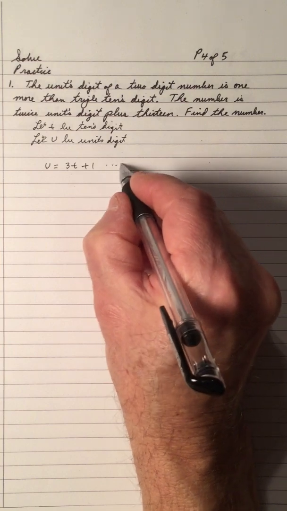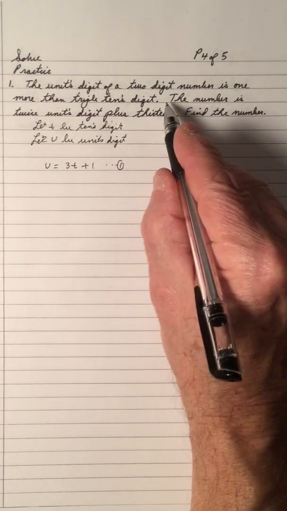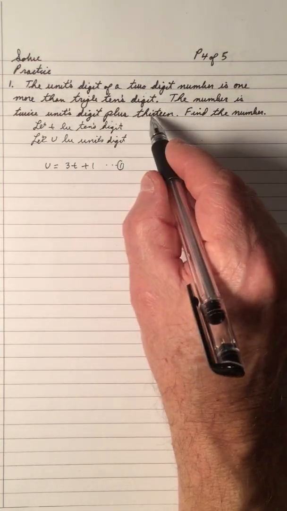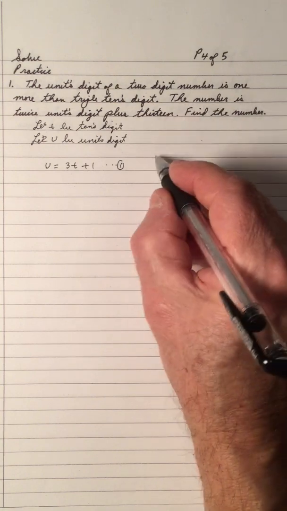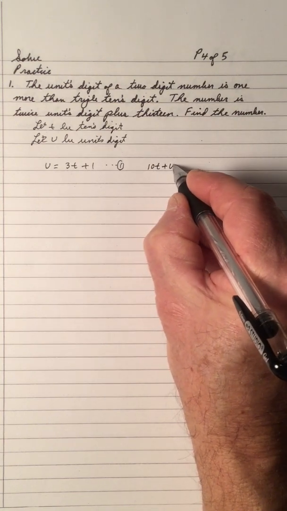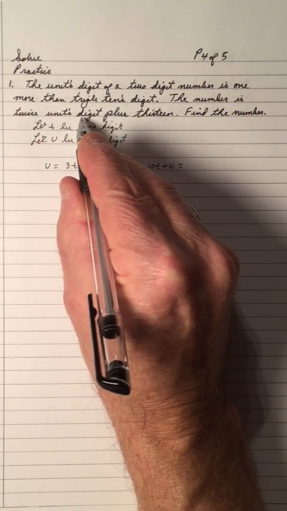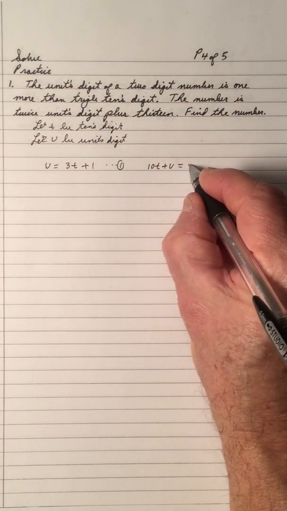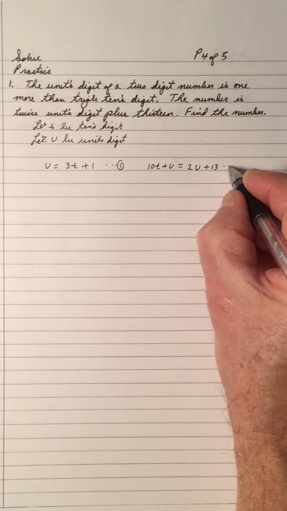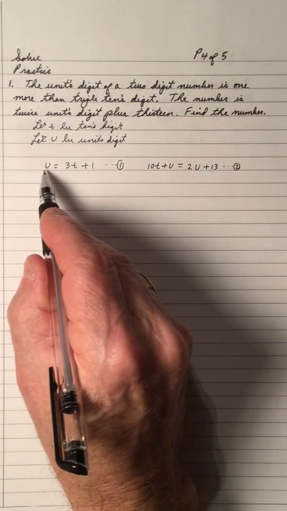So that's equation 1. Let's find out what the next sentence is going to give it. The number is twice the units digit plus 13. So the number is 10t plus u, is an equal sign, twice the units digit plus 13. So that's equation 2. Notice this equation is already solved for u.